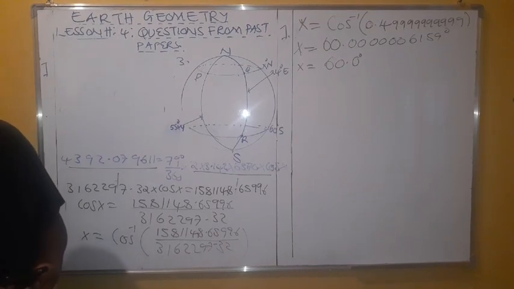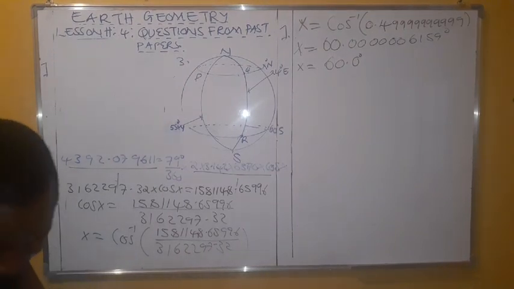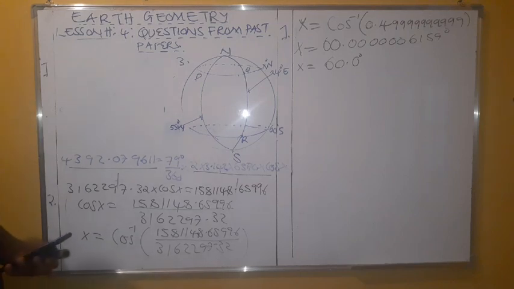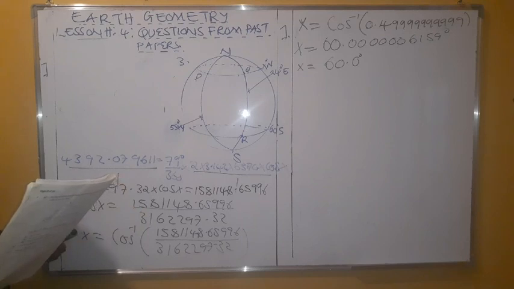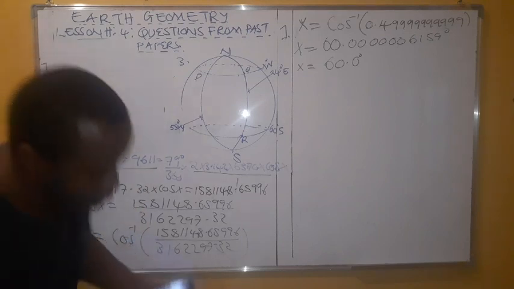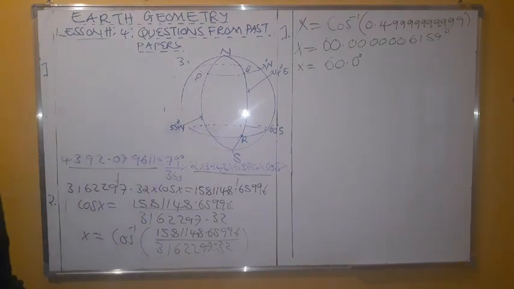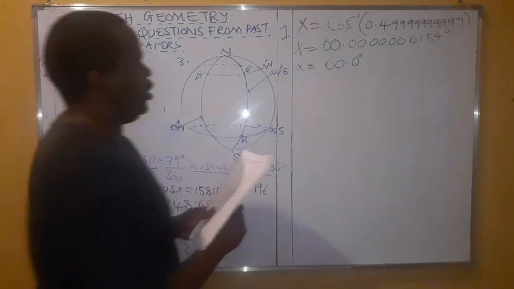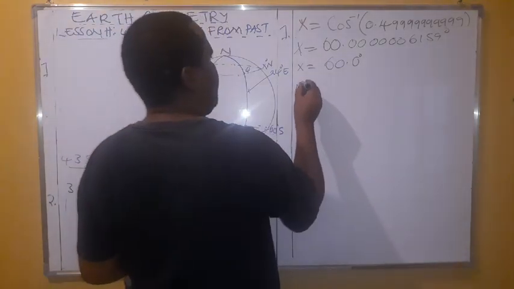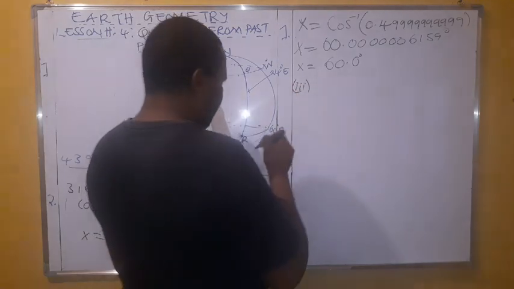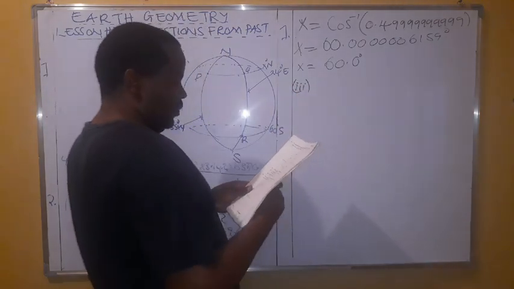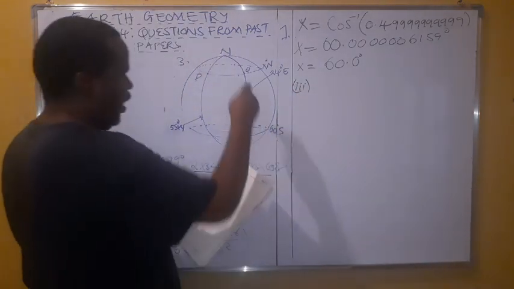Okay. So that was the Roman numeral 2. Okay. For Roman numeral 3, we have to find the distance between QR.